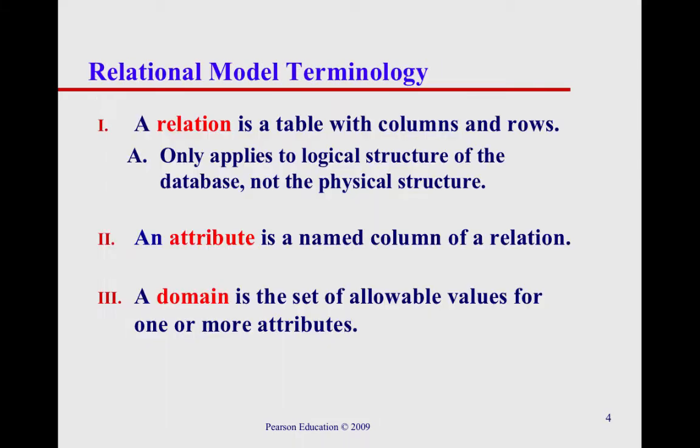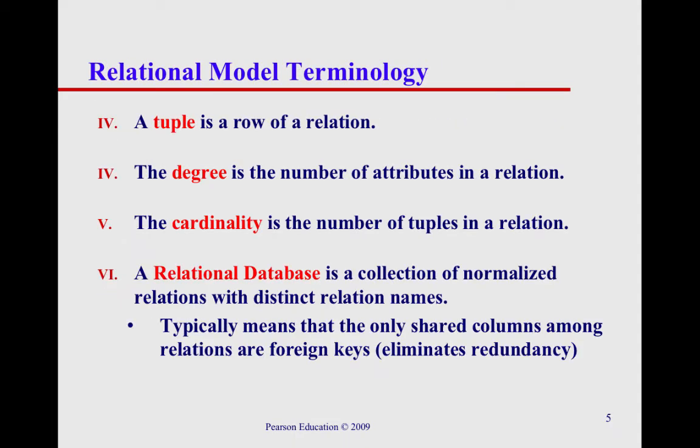So we say that a relation is normalized when the only shared information is essentially the foreign keys, the links between relations. And if you look at the lecture notes, you'll see that at some point there's a week devoted to a discussion of normalization. So there's a formal algorithmic way of ensuring that relations are normalized. But a relational database then is a collection of these relations.